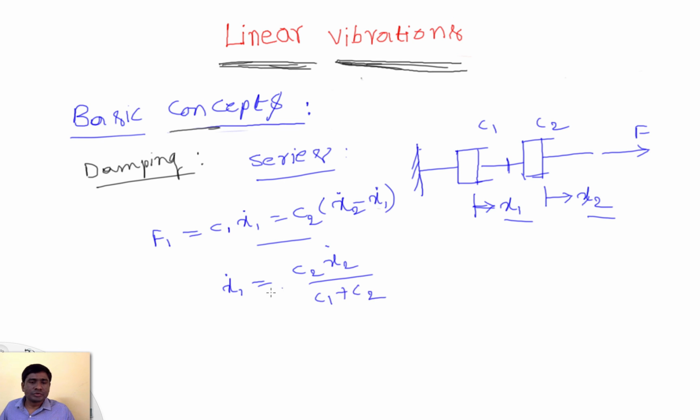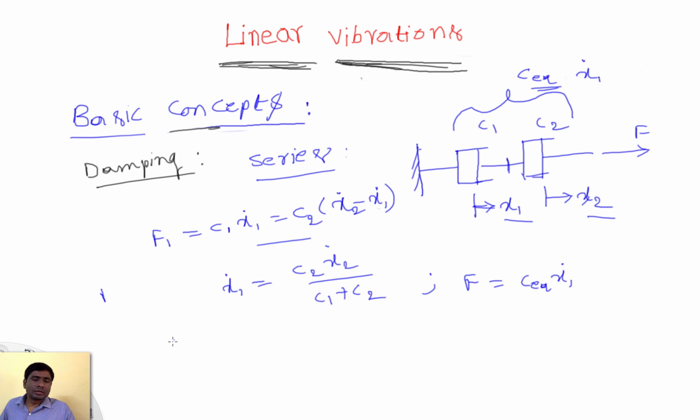And if I replace this entire damping system with the equivalent damper C equivalent, which makes the same amount of displacement x1 dot, then F equals C equivalent into x1 dot.